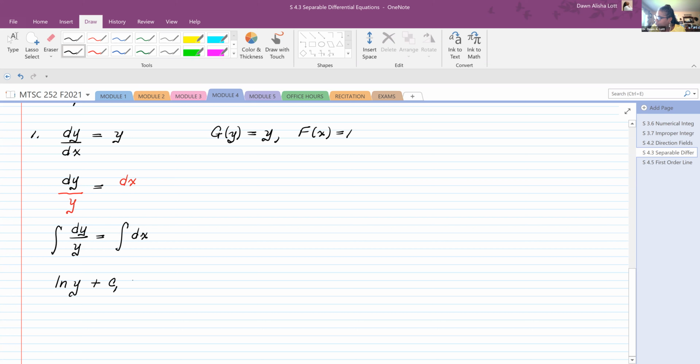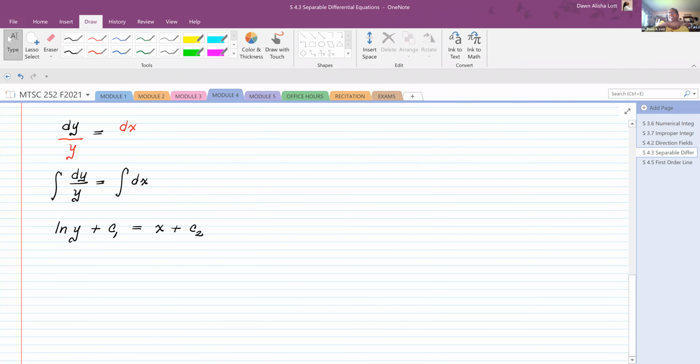Let me call that c1. So I get a constant on the left side when I integrate. What's the integral of dx? It's x plus another constant, c2.